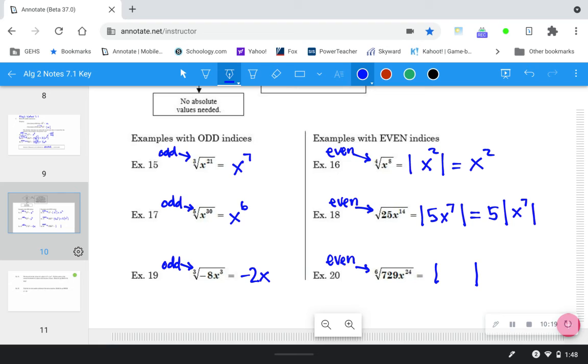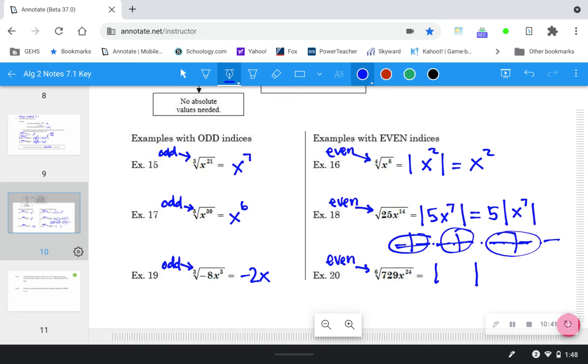Think about a 7th power with a negative number. You'd have a negative times a negative times a negative times a negative times 3 more. And these would pair off to give a positive. These would pair off to give a positive. These would pair off to give a positive.